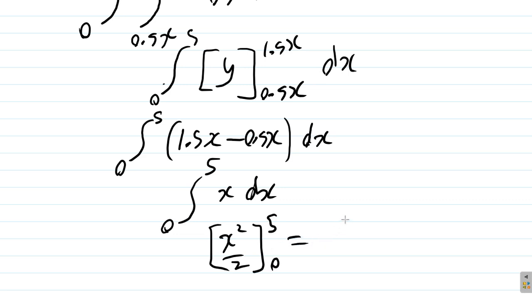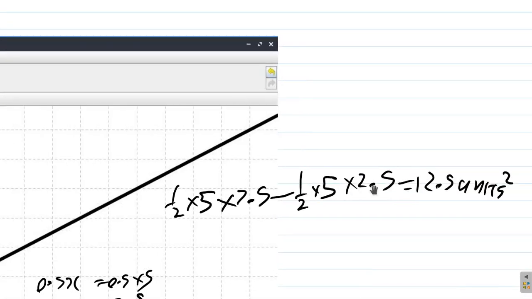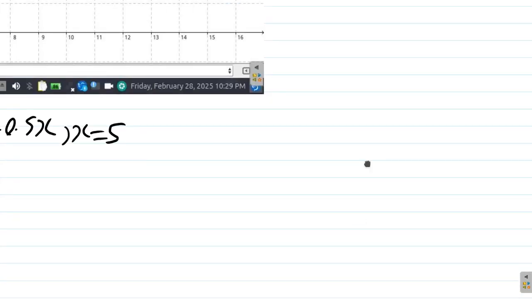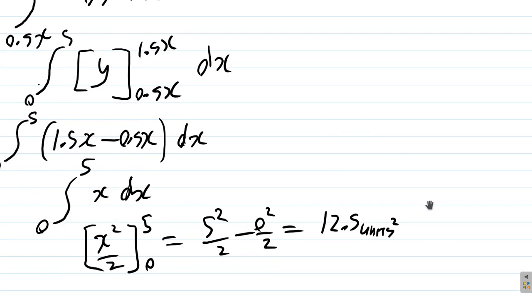So this will be 5 squared over 2 minus 0 squared over 2, which is just 5 squared over 2. 25 over 2 is what? 12.5 square units. Is that what we got up here with the half base times height? Right, 12.5. So it's 12.5 square units.